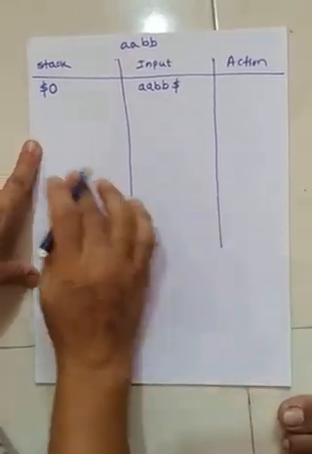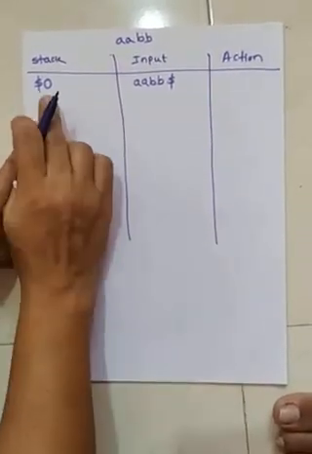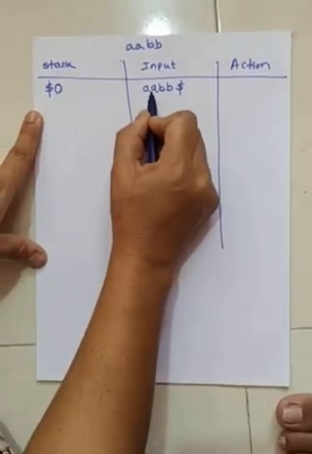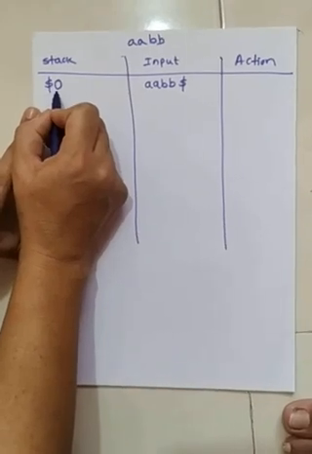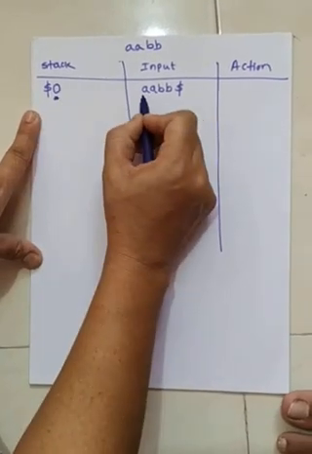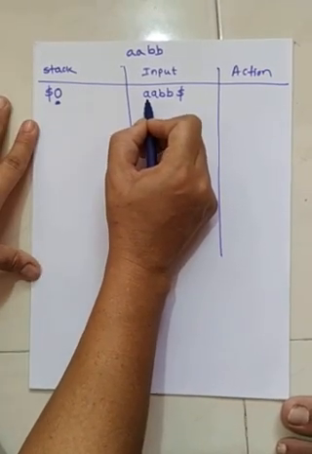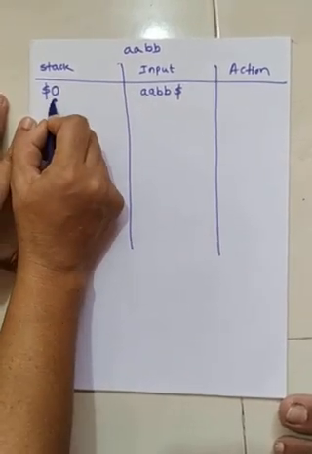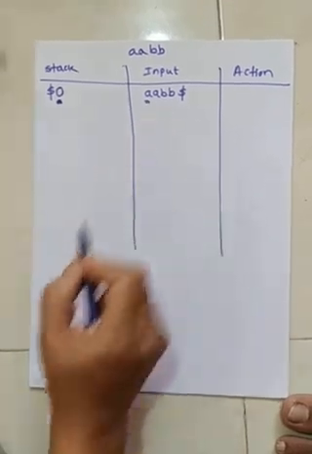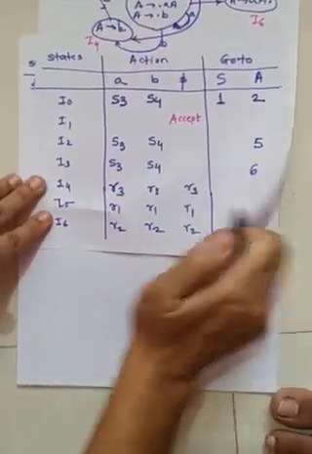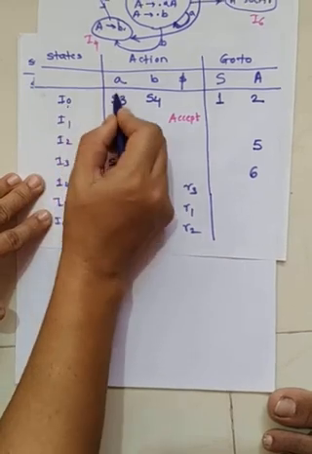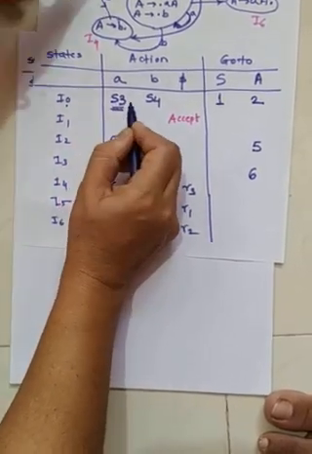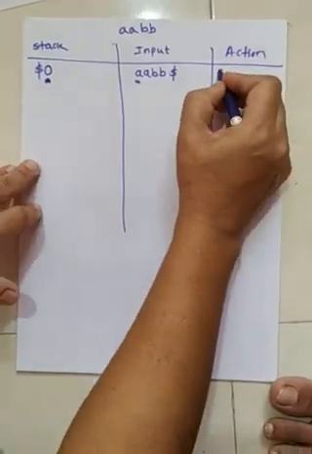Now we start the stack implementation. Here we have to see the content of the stack and the content of the input. This is the state number, and these are the terminals and non-terminals. Now here all the terminals are A, A, B, B. So state 0, terminal A. From the table we have to check state 0, terminal A. For state 0, terminal A, S3 is there.